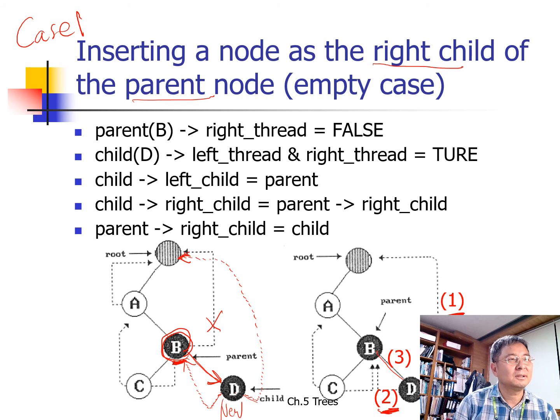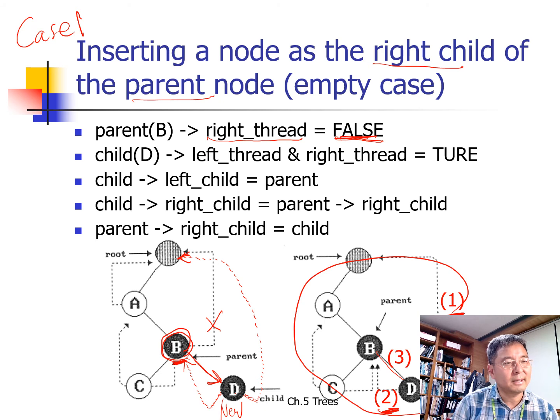After this insertion, parent B's right thread becomes false. Originally it was true, but after insertion the value becomes false. And for the child D, the left thread and the right thread values become true, in order to indicate that the right child and the left child are threads.